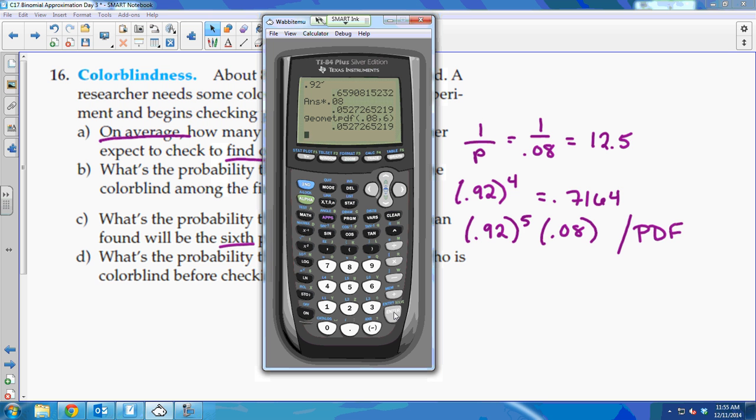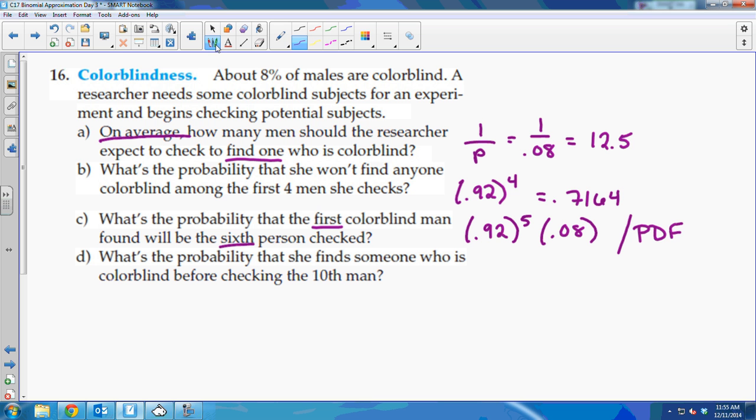They're the same probability, 0.053. Questions about how to do C? Does that make sense? Do we know the difference between PDF and CDF?